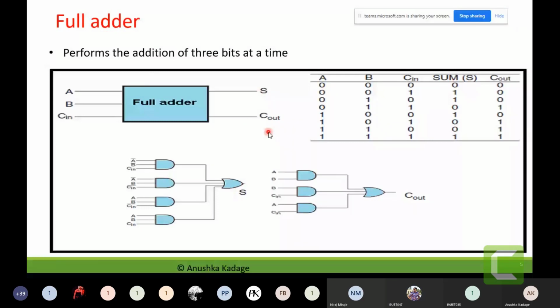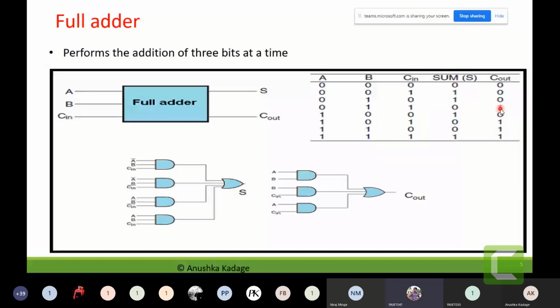Now, if the input combination is 0, 0, 0, the sum result will be 0 and the carry output will also be 0. If the combination for the input is 0, 0, 1, the sum will obviously be 1 and the carry generated will be 0. In the case of the 0, 1, 0 input combination, the sum generated will be 1 and the carry will be 0. But now, if in the input combination two ones are present, then the sum generated will be 0 and the carry will be 1.